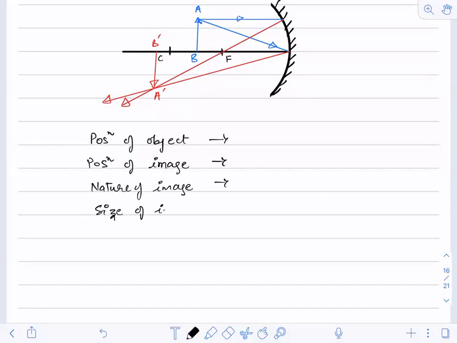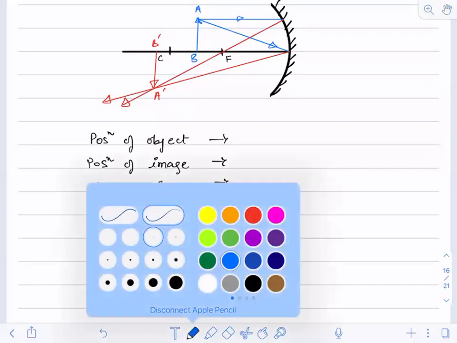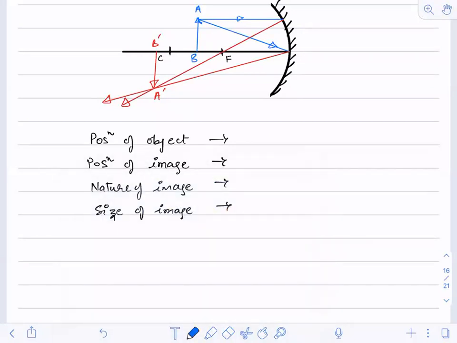Yes, tell me. Position of the object: is it between C and focus? Yes. Where is the image formed? Beyond C.